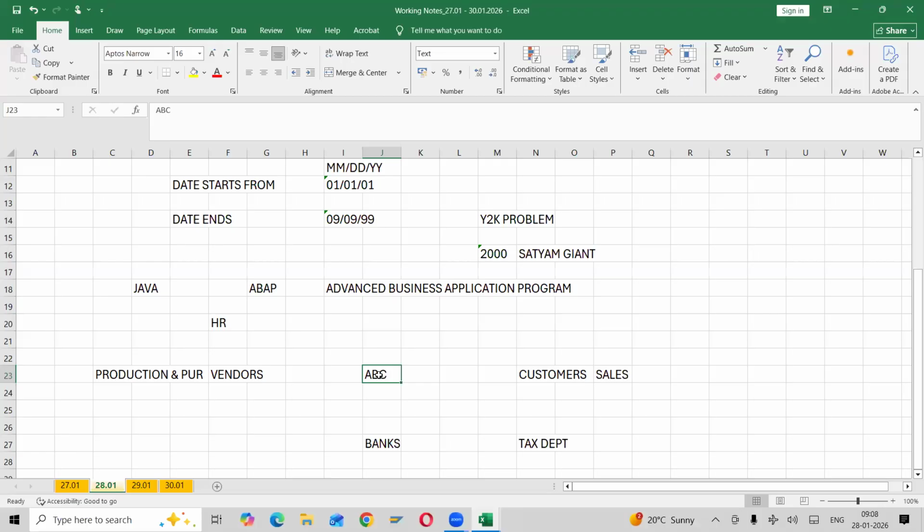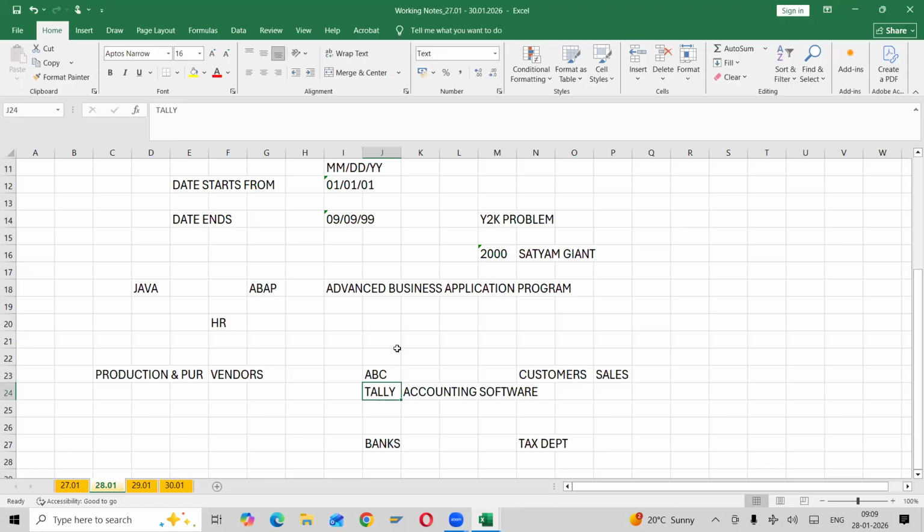ABC is the company, where I am using a software called Tally. Tally is an accounting software, and in this Tally I can do only accounting.